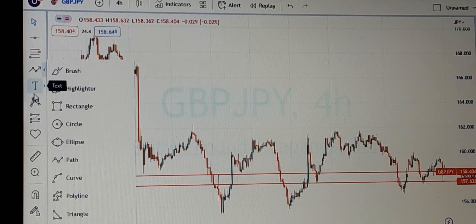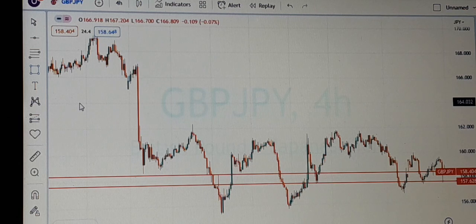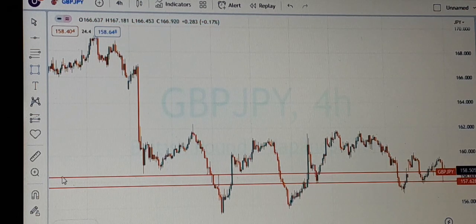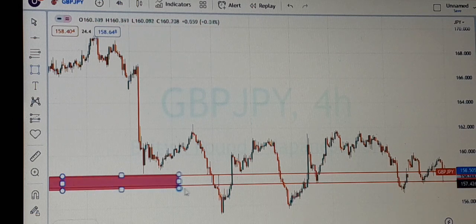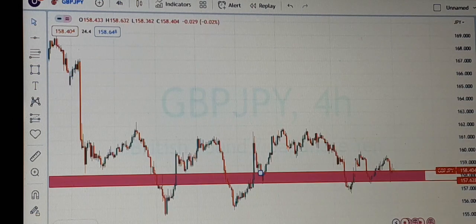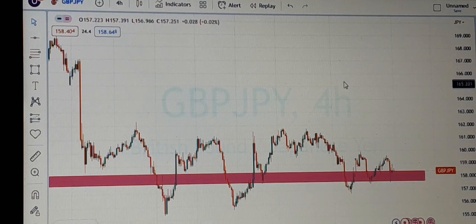Most of the time you'll find it with the brush, but you will now pick the squared shape and just trace it. Then you delete those trend lines.